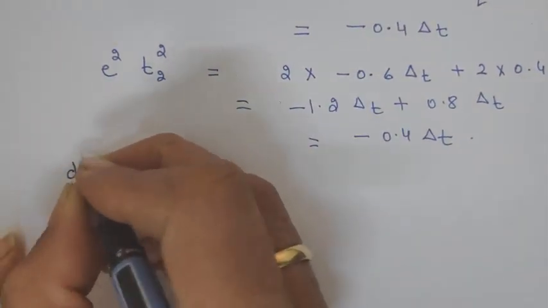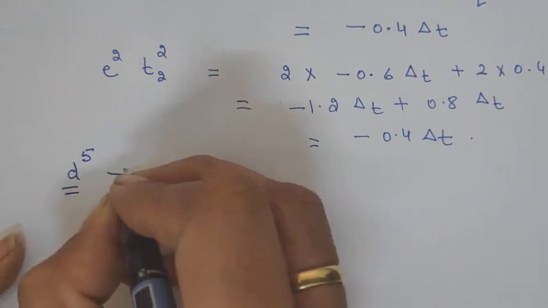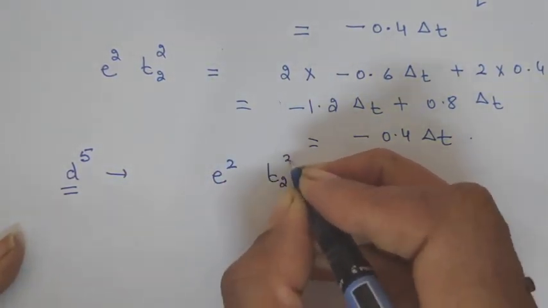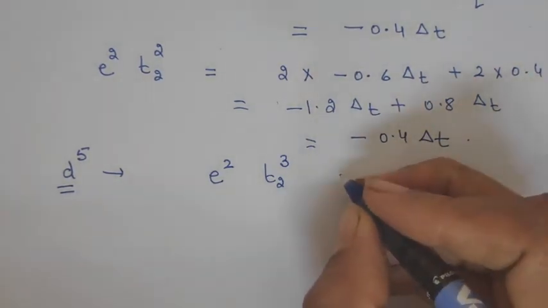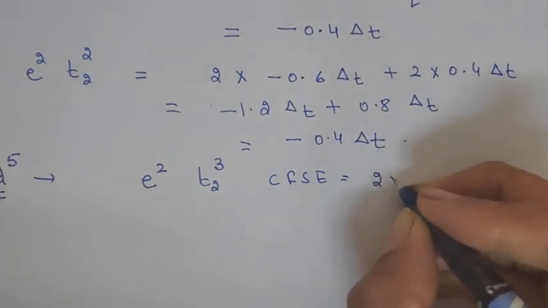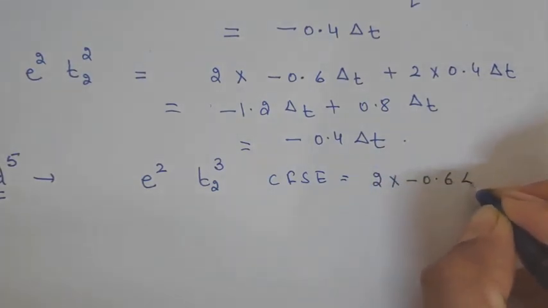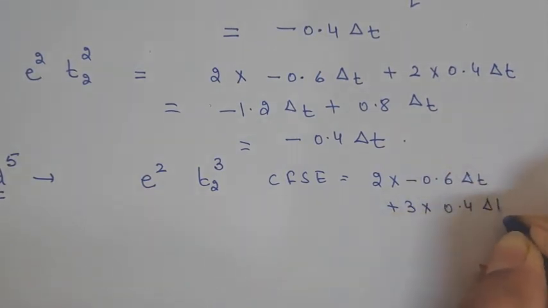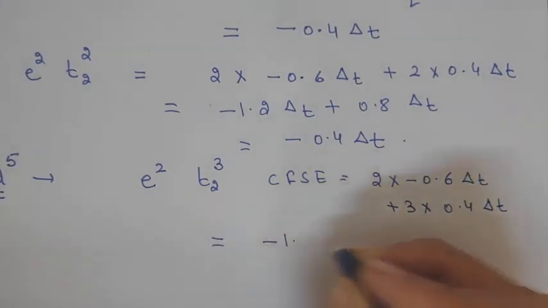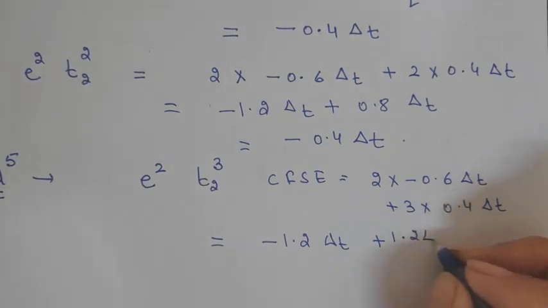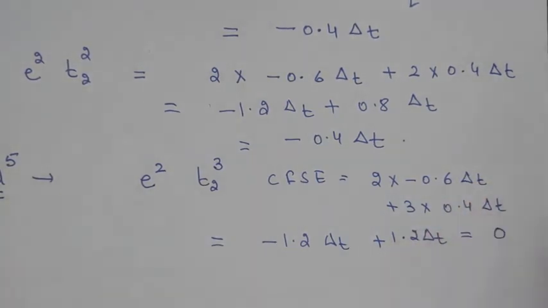If you have electronic configuration d5, it would be e2 t2^3. The value of CFSE for this is 2 into minus 0.6 delta T plus 3 into 0.4 delta T. So this will be minus 1.2 delta T plus 1.2 delta T, that will be equal to 0.